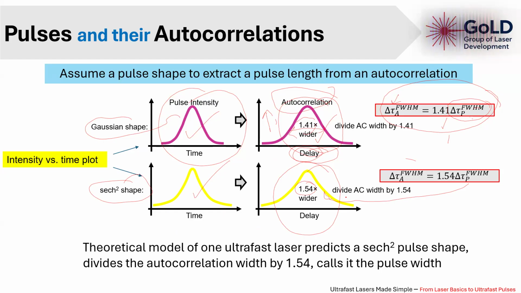Mostly we apply this fitting. According to scientists, this shape is more realistic than this one for lasers, so we always apply this one. So when we plot, we take the full width half maximum and multiply it with this factor, and this will give the value of the pulse duration.